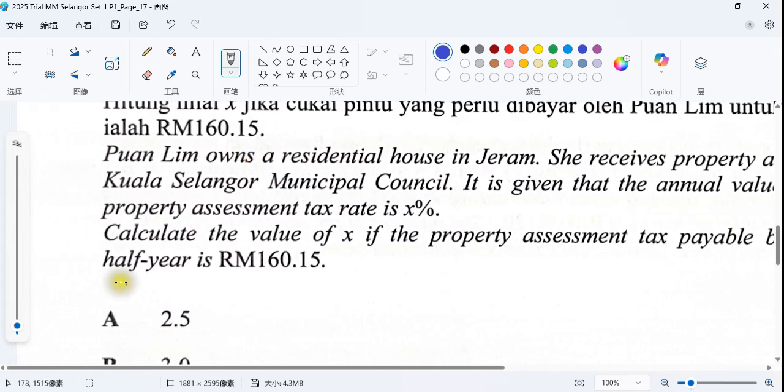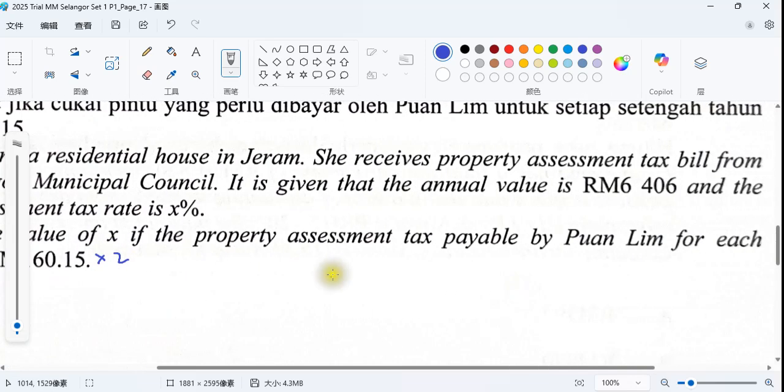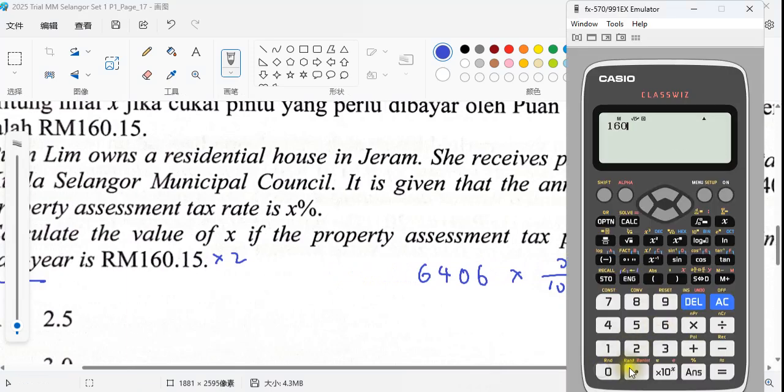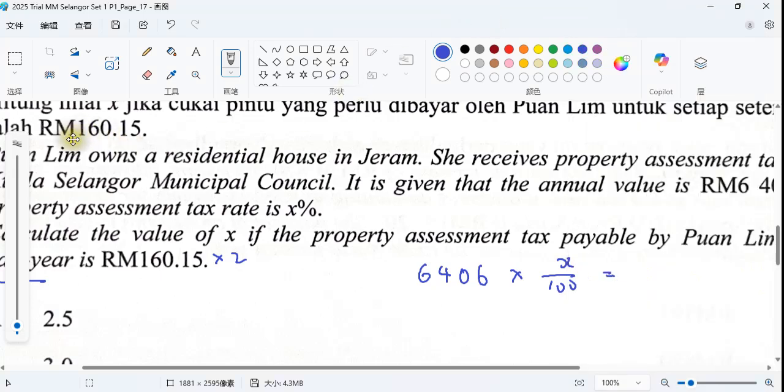This is half year, so one year is multiplied by 2. So we have 6406 multiplied by X% equal to 160.15 times 2, so it's 320.3.